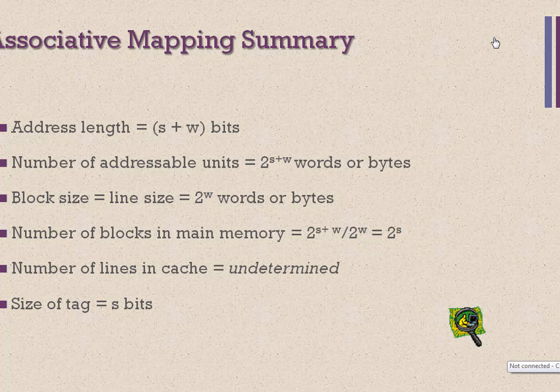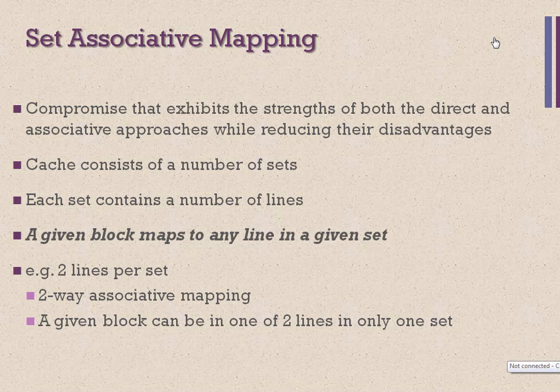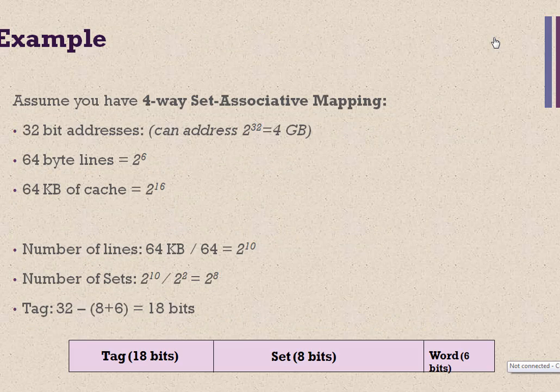The number of lines is undetermined, and the size of the tag is s bits. Set associative mapping has, for example, 2 lines per set, and there is an example with 3 types. One by one, if you know their formulas, then you can calculate the associative, set associative, and direct memory sizing.